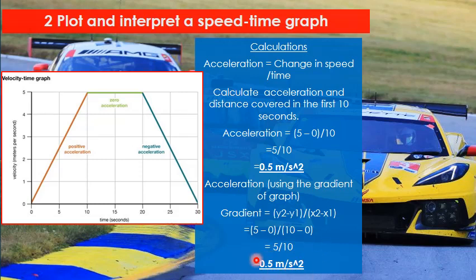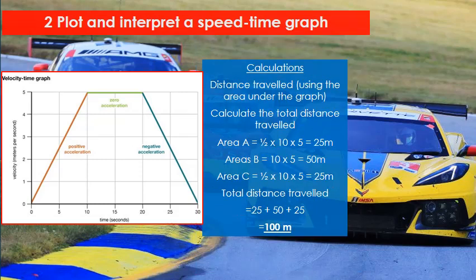So the velocity is increasing by 0.5 meters per second every second that we are traveling. That's the acceleration. So that's how you calculate it. If you need more time to digest this, please feel free to pause the video, jot down some notes, and then move on.